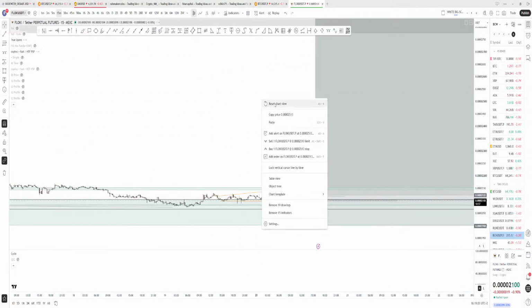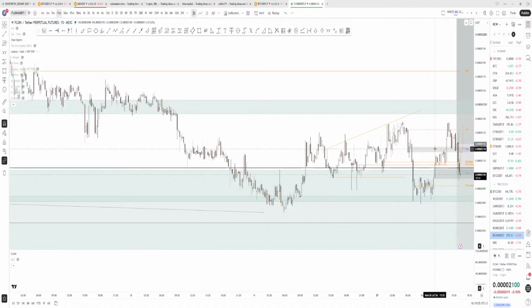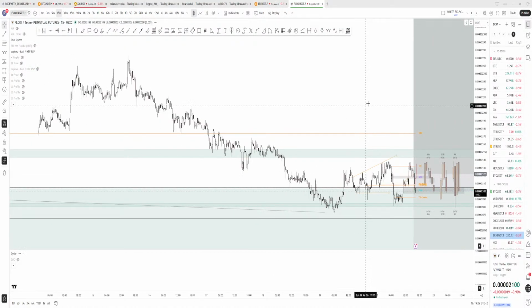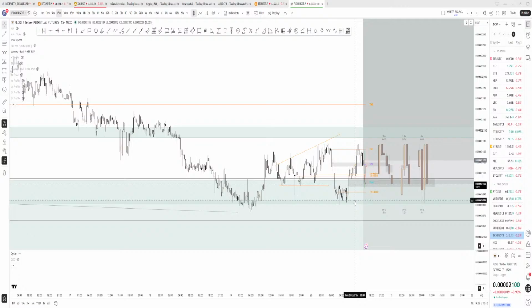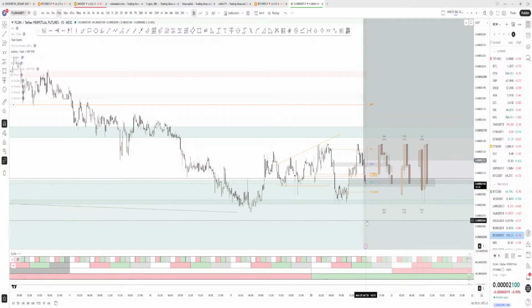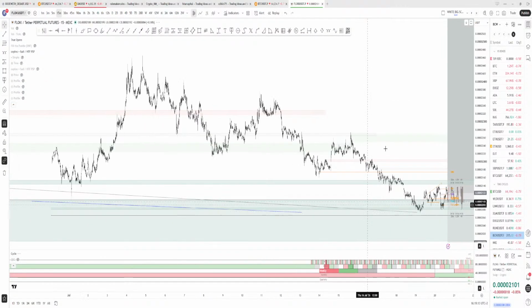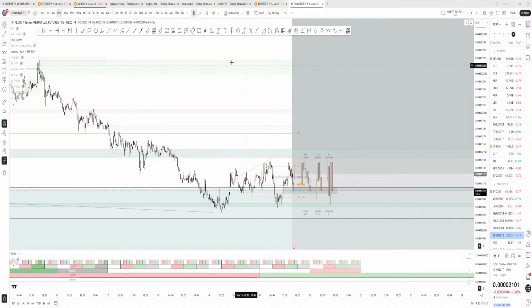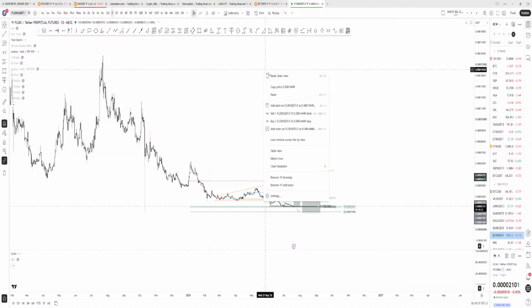It needs to react here and go higher, otherwise. I like it. I like the chart a lot. I think it's going to be a great opportunity anyway.